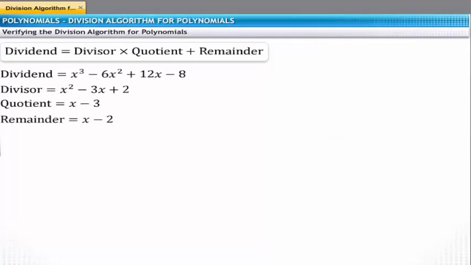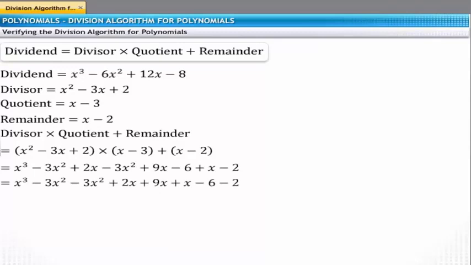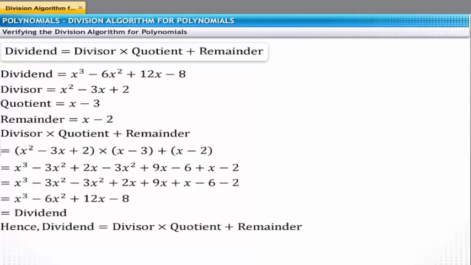Now, we'll substitute the values of the divisor, the quotient and the remainder in the algorithm. Let's simplify this. We get x cubed minus 6x square plus 12x minus 8. This is the dividend that we have taken. Hence, we have verified that the division algorithm holds true for polynomial divisions.